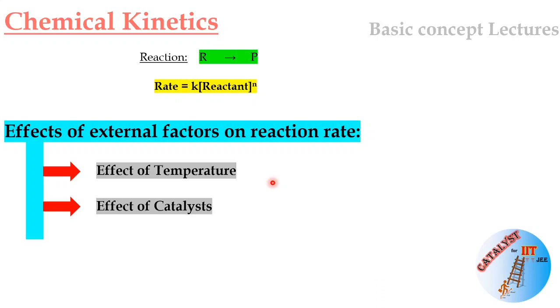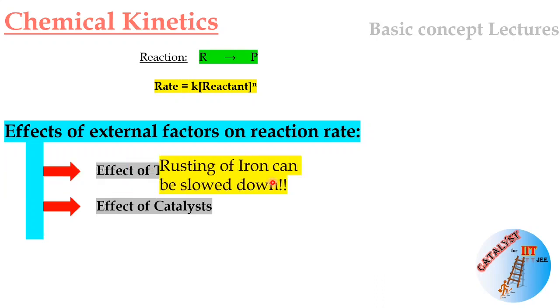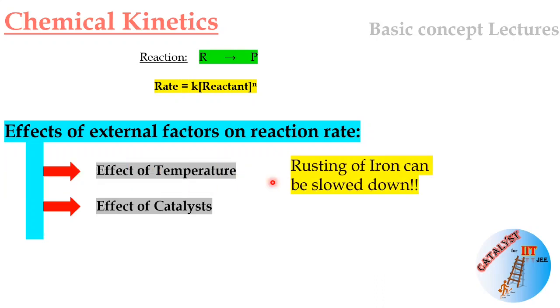Correct? So what we are going to expect is very important to know. So if you can slow down the reaction based on the temperature, what can you do? You remember the first example that we talked about in our chemical kinetics lecture 1? You can slow down the rusting of iron.